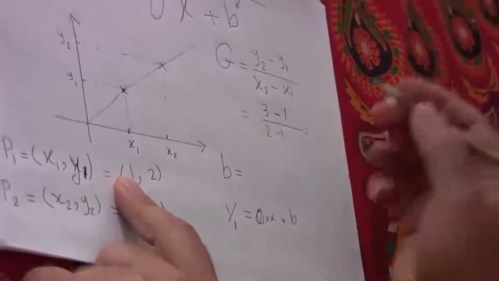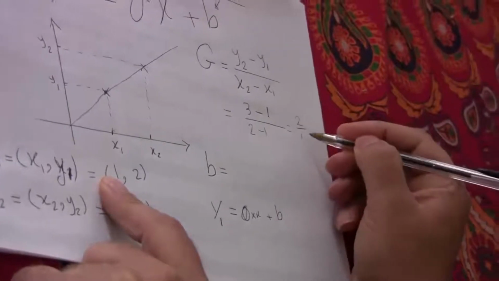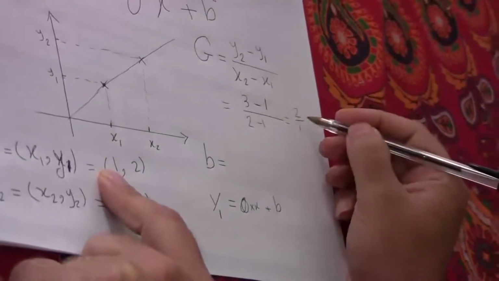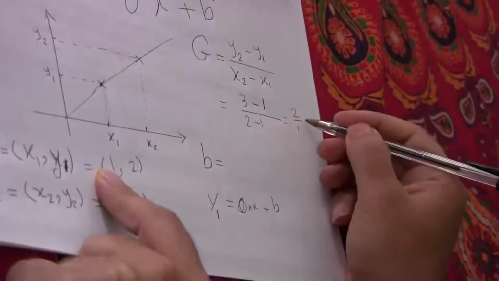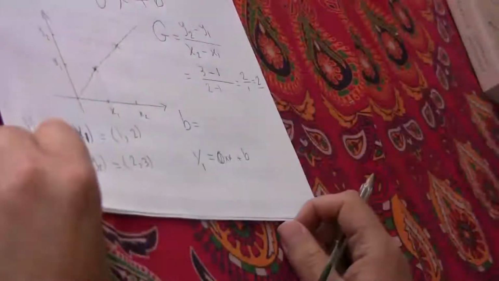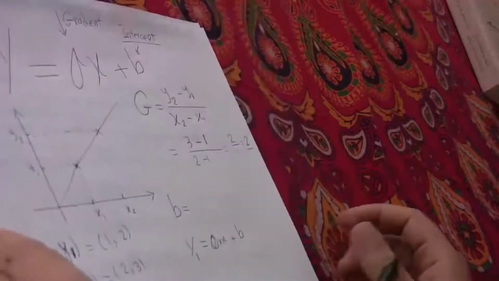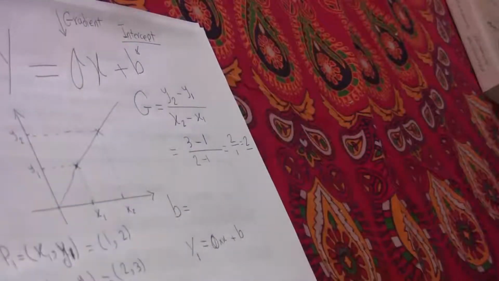So 3 minus 2 is 1 and 2 minus 1 is 1, so the gradient is 1.